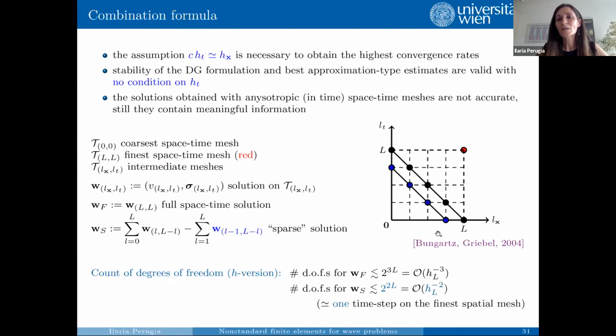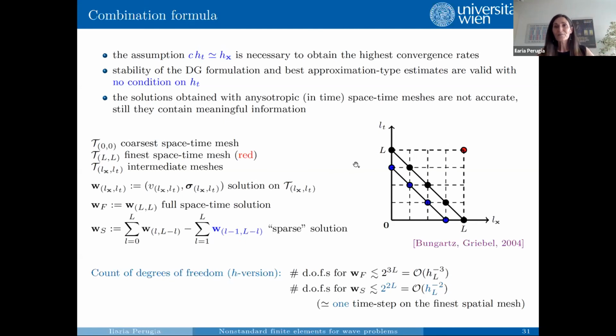But if I count the number of degrees of freedom that I need to assemble each of these problems and I add them together, I see that the number of degrees of freedom that I need to assemble the sparse solution is of the order of h to the power -2, instead of h to the power -3, which would be the cost, the number of degrees of freedom to obtain the red one.